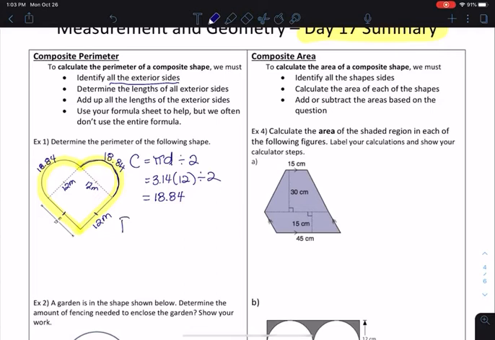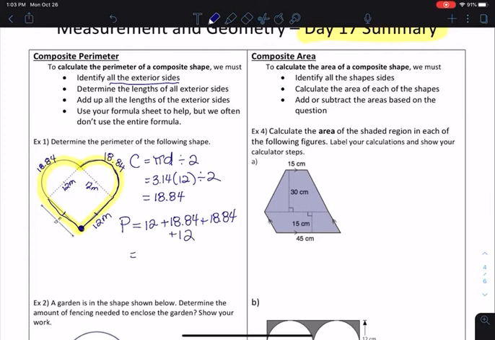So for my total perimeter, I'm going to pick a starting spot, maybe here, and walk along the outside. First I have 12, then my semicircle, 18.84, then another semicircle, 18.84, and then this side over here, which is 12.